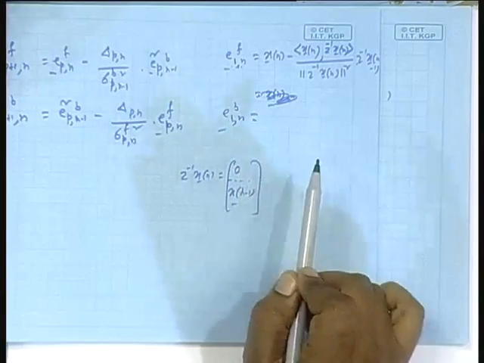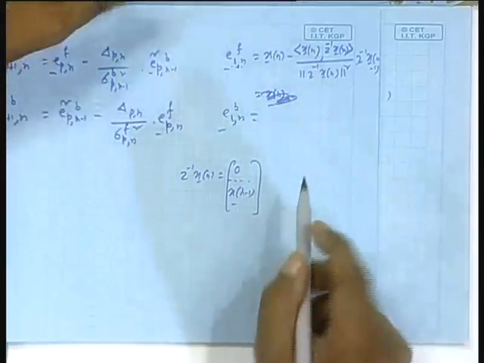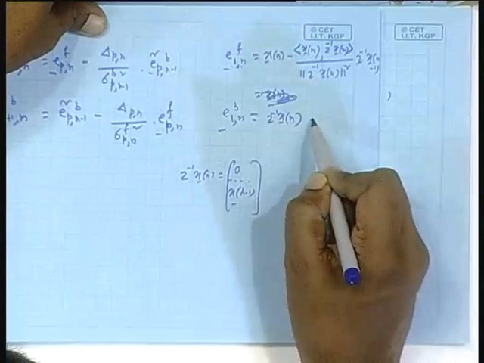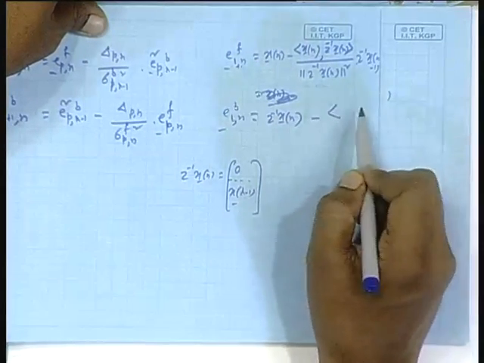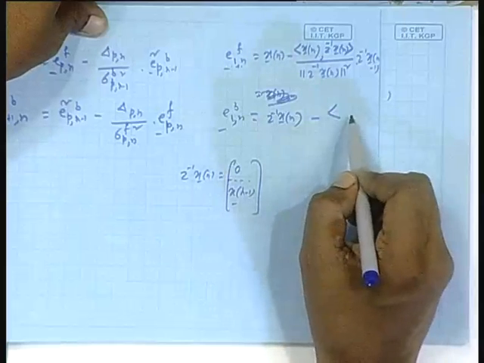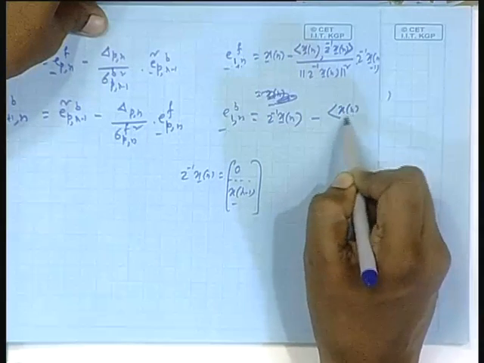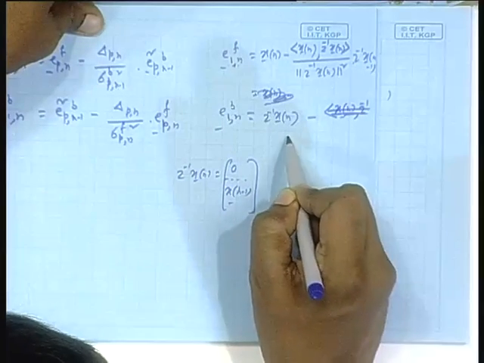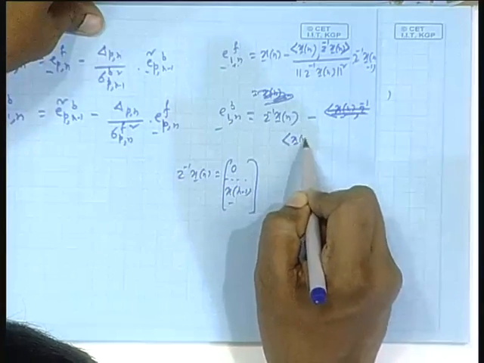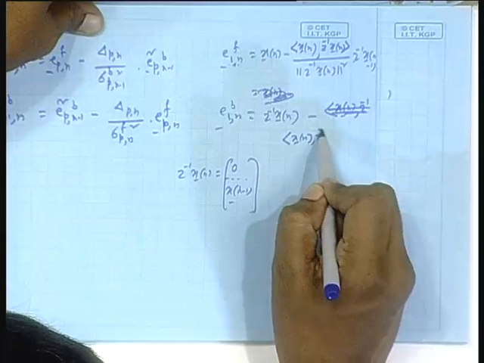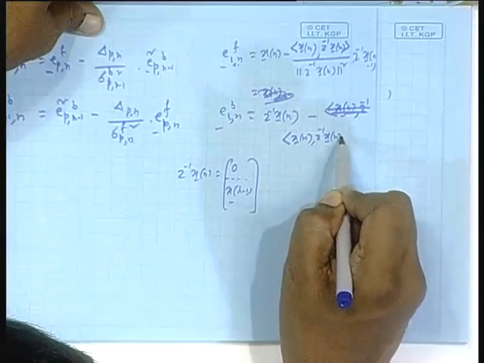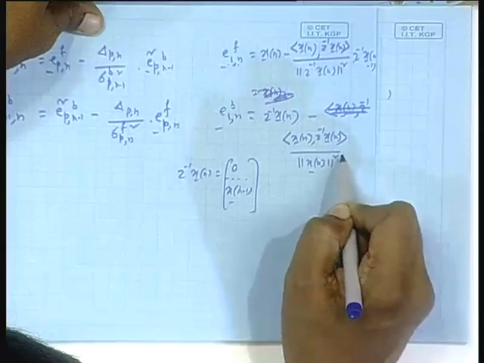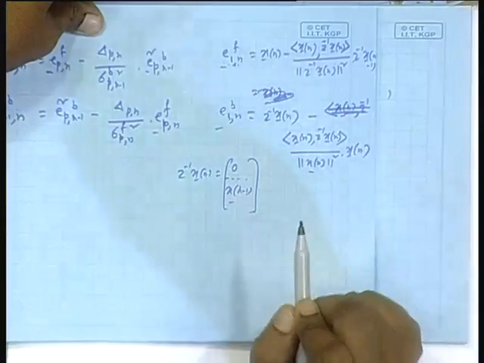So, z to the power minus 1 x n, just 1 delayed. So, that means the error vector will be minus the inner product between this and x n, which is same as x n, and because they are real.